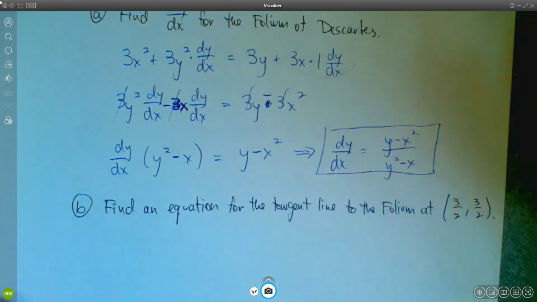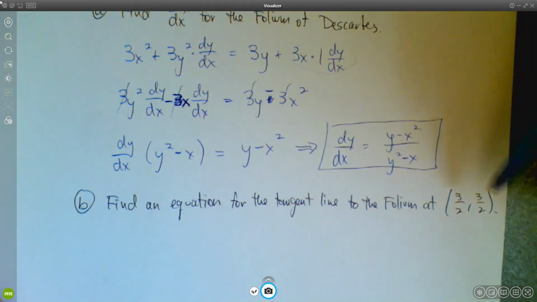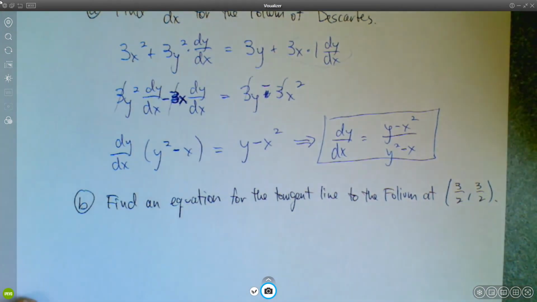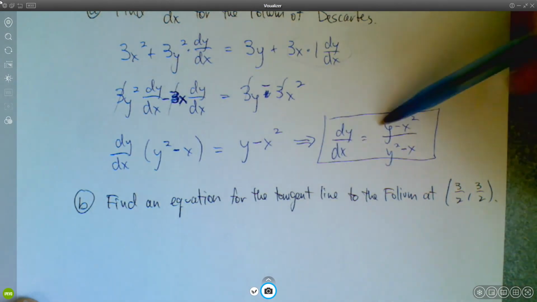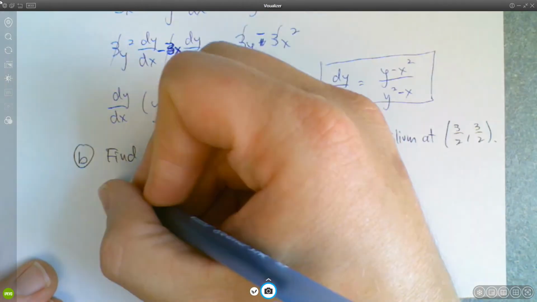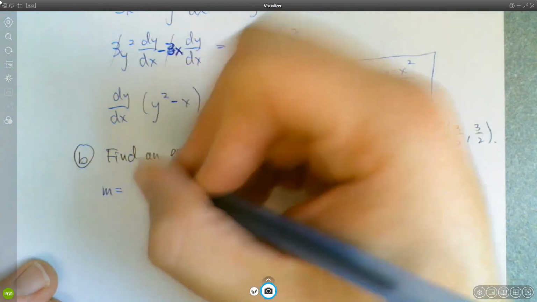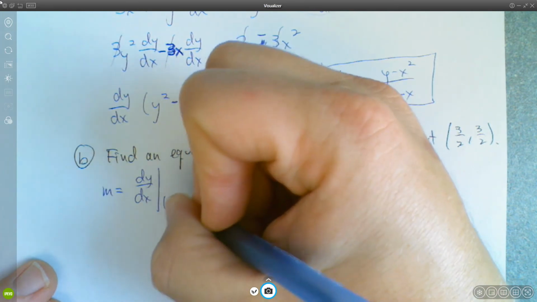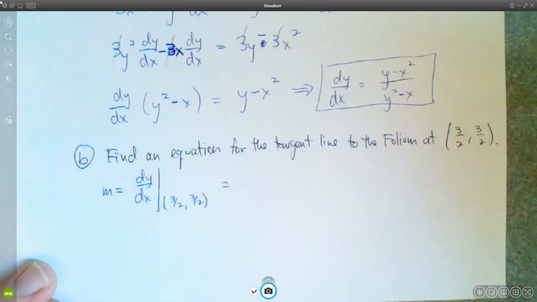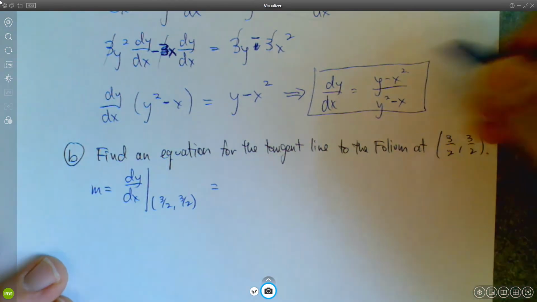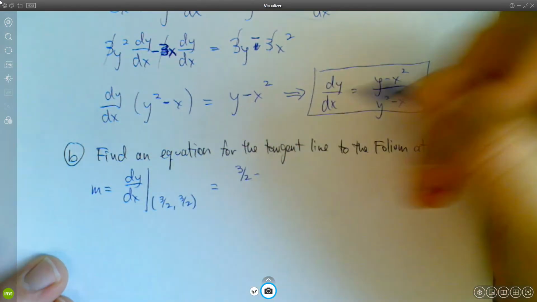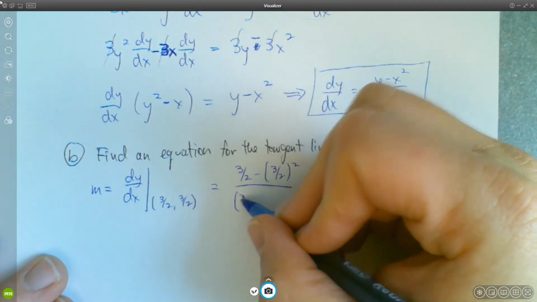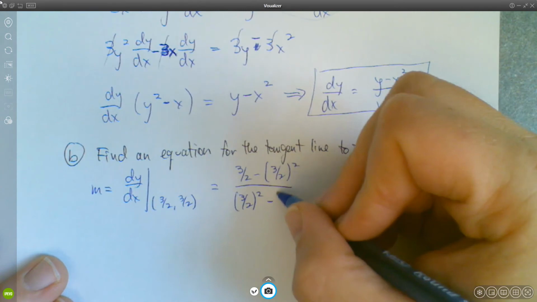Okay. So finding an equation for the tangent line to the folium at this point, (3/2, 3/2). Well, first of all, the slope of the tangent line is going to be this derivative evaluated at this point, right? So let's find that first. So the slope is going to be dy/dx evaluated at (3/2, 3/2). So that's going to be 3 halves minus 3 halves squared over 3 halves squared minus 3 halves.